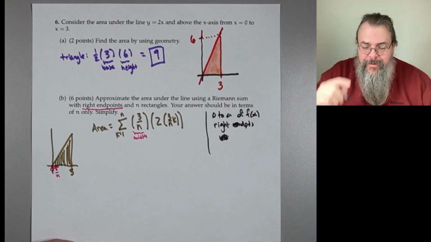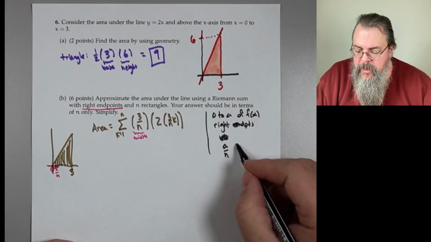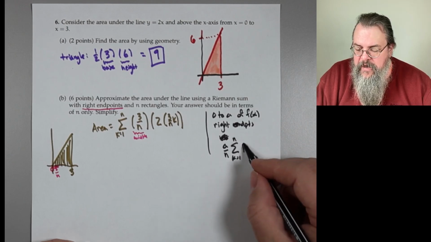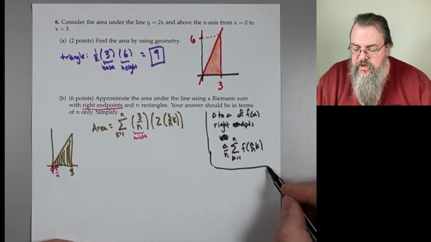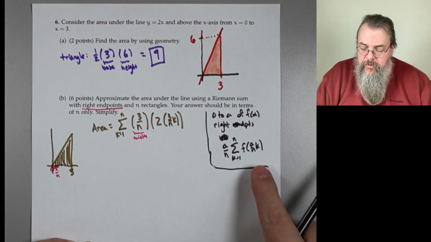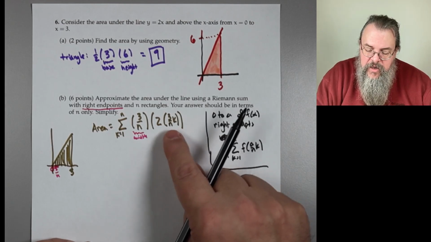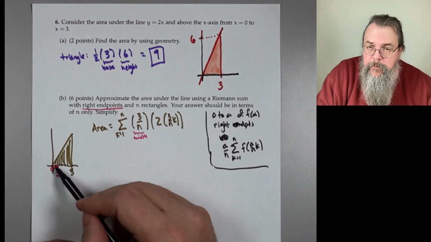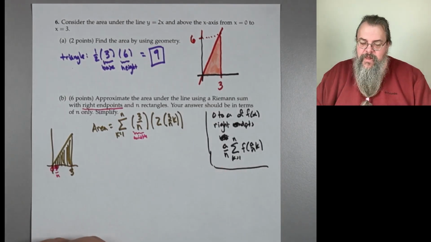I usually do 0 to b, so that's why I had a b in my head. So that's just the generic formula. And so this is our a over n times k. This is just saying, if I'm at my kth rectangle, I've moved k pieces over. That's all it's saying.